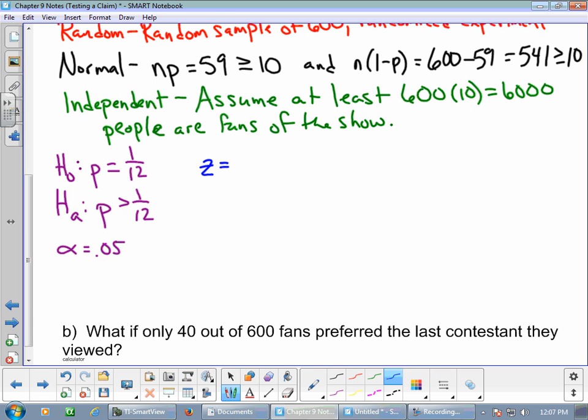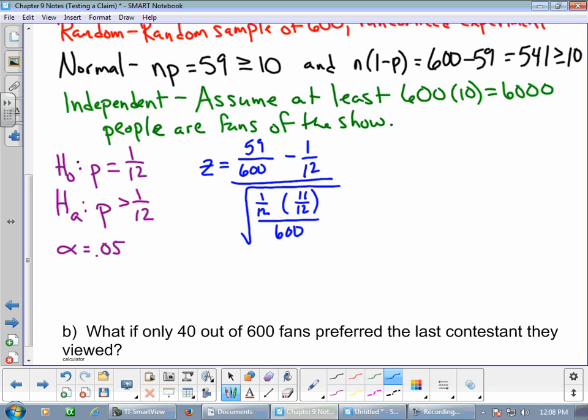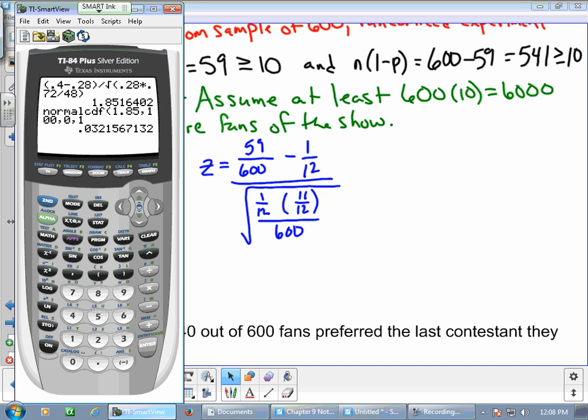Z equals, okay, the proportion from our sample, 59 over 600. I'll just write it as fractions here. 59 over 600 minus 1/12, right? But we're assuming that to be the proportion, over the square root of 1/12 times 11/12 divided by 600. Okay.